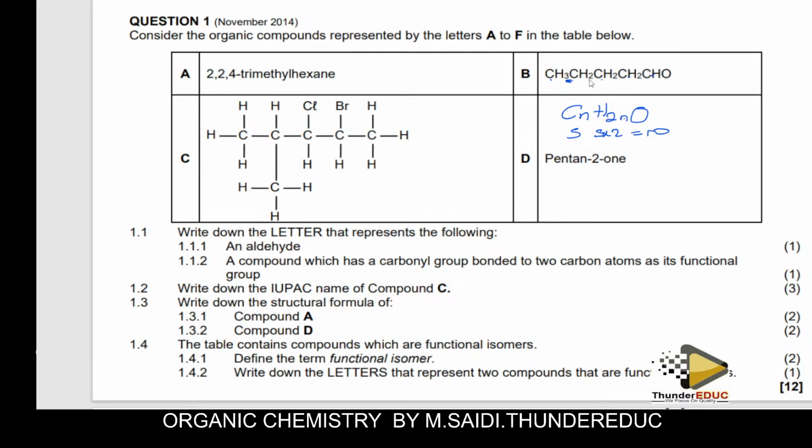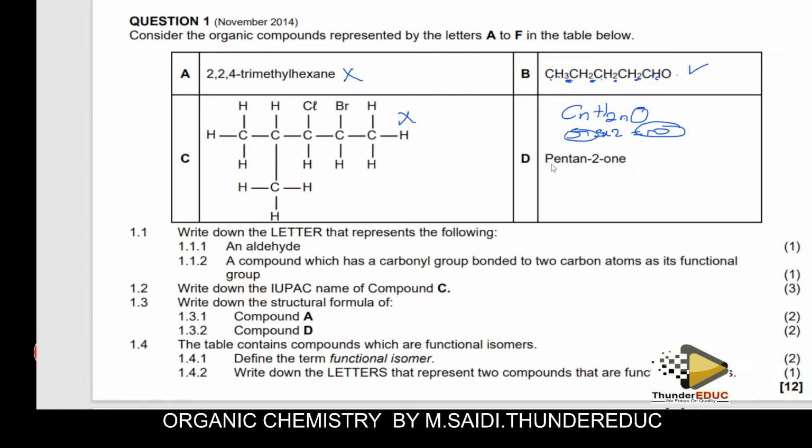Let's look at it: 3 plus 2 is 5, plus 2 is 7, plus 2 is 9, plus 1 is 10. So it is 10 hydrogen, 5 carbons, and 1 oxygen. So this one qualifies. When we come to this, no oxygen, it's out. When we come to this, no oxygen, it's out.